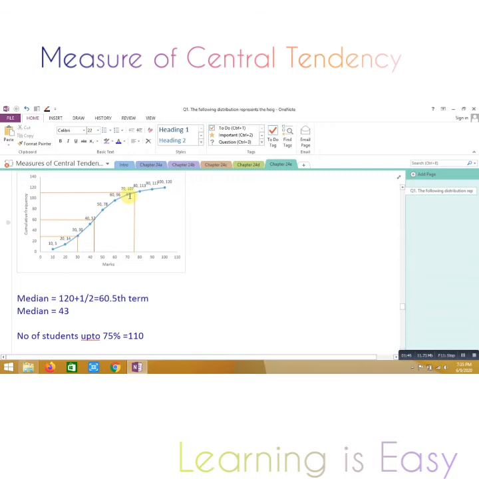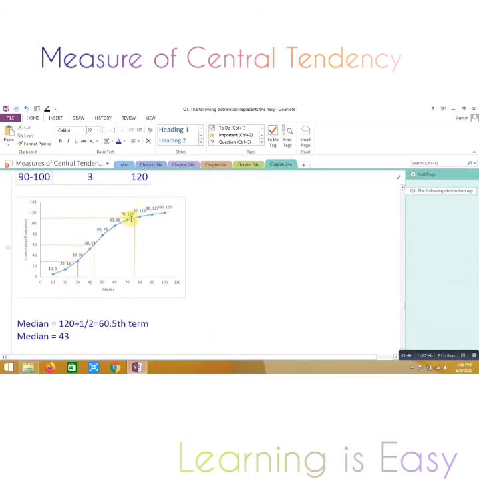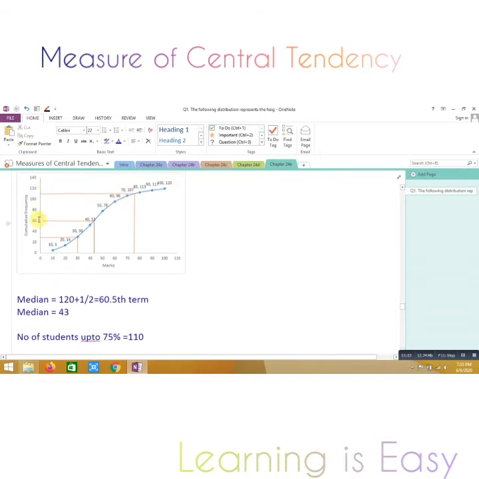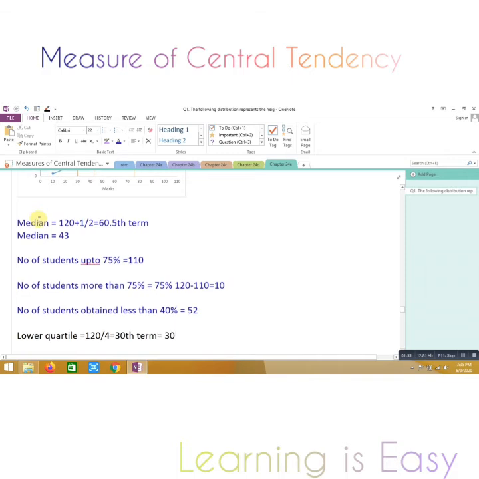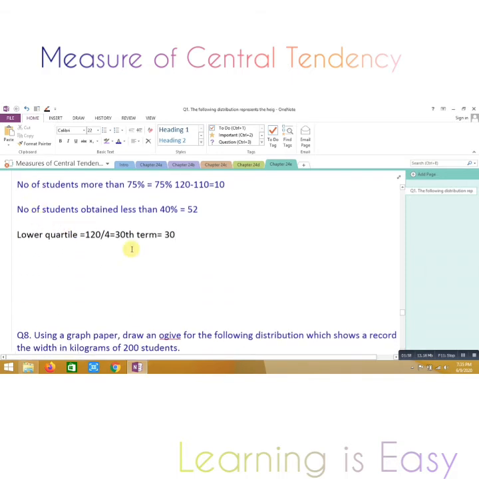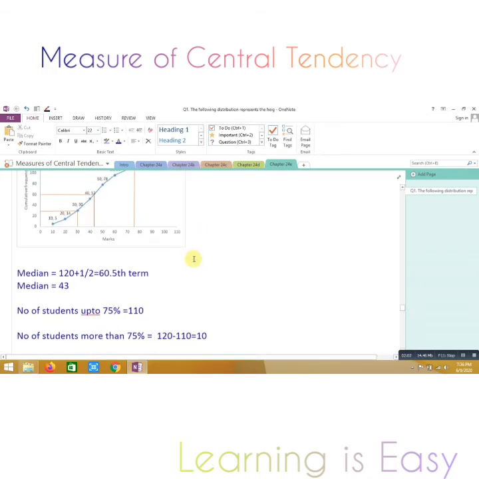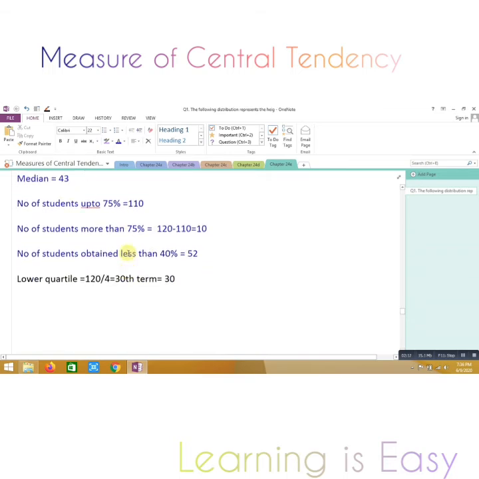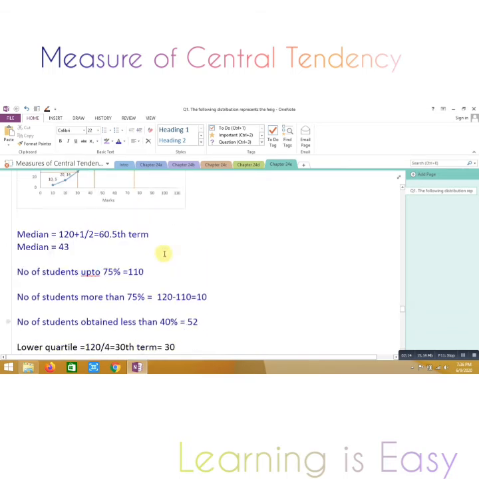That's 110. And the total students we know is 120. So 120 minus 110 gives that 75% value. Next we have to see for obtain less than 40%. That is directly you have the scale reading. That's 52. Then we need to find the lower quartile also.